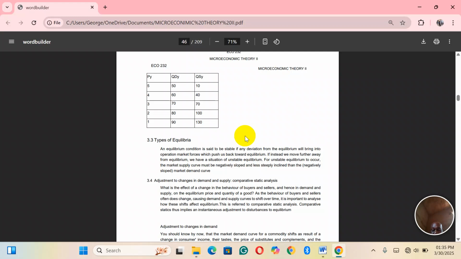It is important to analyze how these shifts affect the equilibrium. This is referred to as comparative statics analysis. Comparative statics implies an instantaneous adjustment to disturbance to equilibrium.